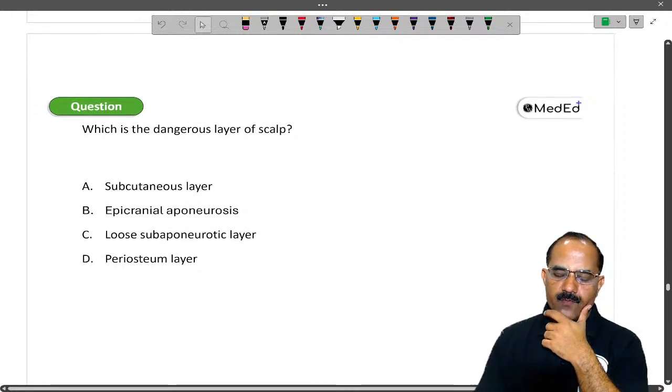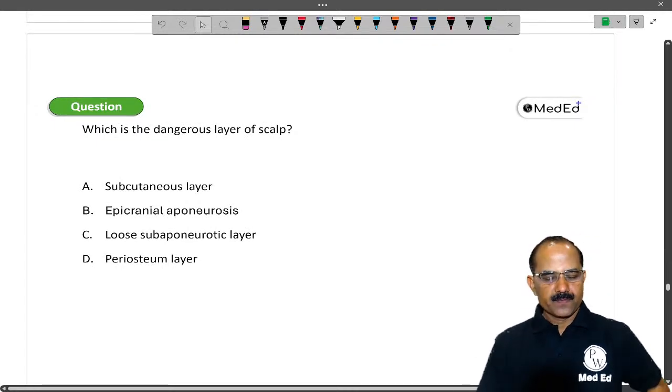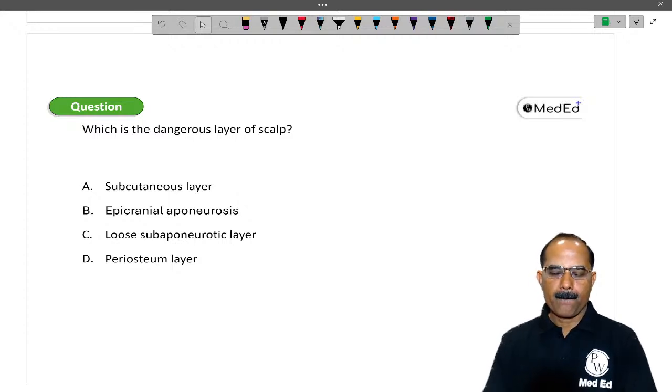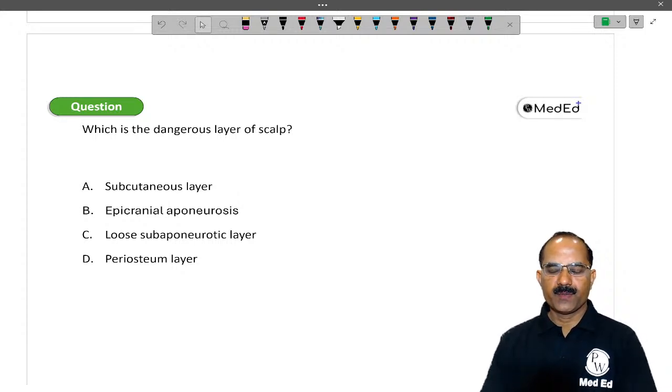Yes. Answer this. Which is the dangerous layer of scalp? Easy MCQ. Speak up, children. Which is the dangerous layer of scalp?